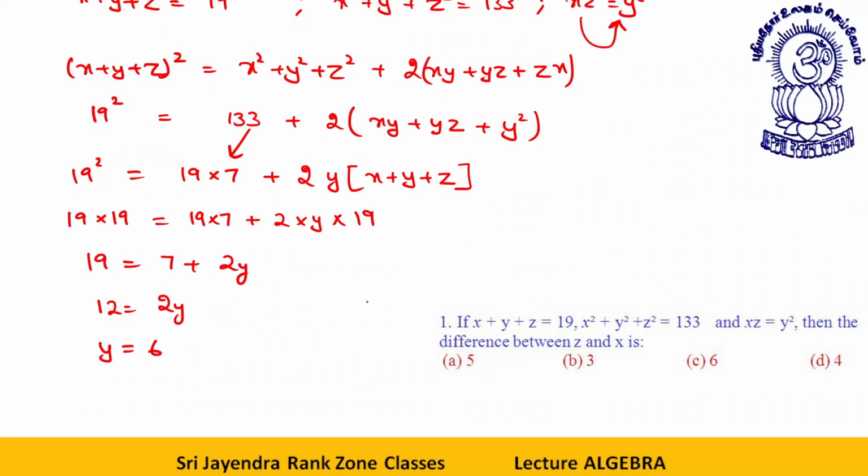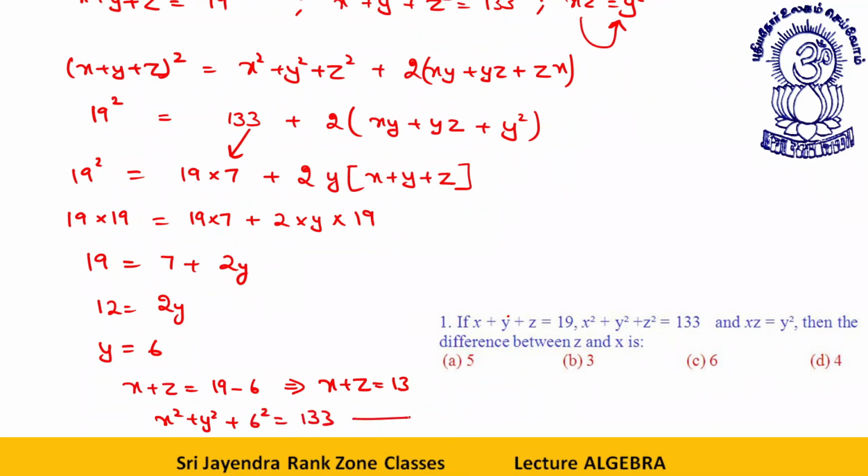Now y is equal to 6. If I put the value of y is equal to 6, what do I get? I get x plus z is equal to 19 minus 6, that is x plus z is equal to 13. One thing. Other thing is x square plus y square, plus 6 square, is equal to 133.